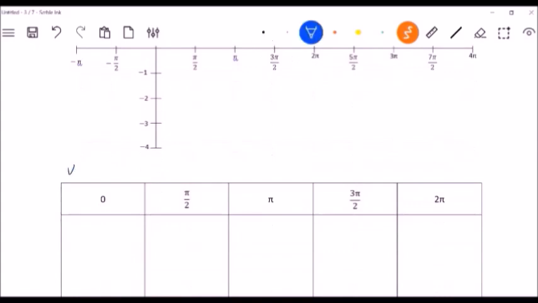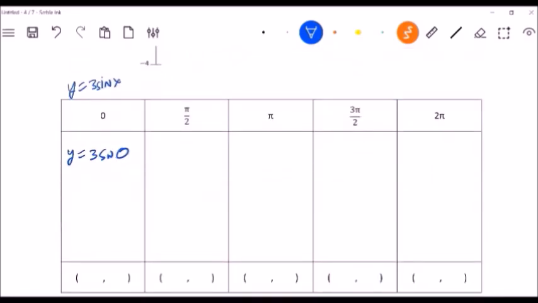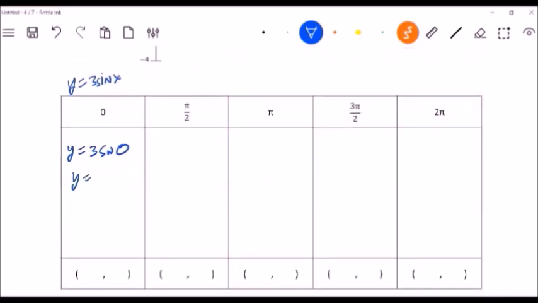And our main function is y equals 3 sine x. So y equals 3 sine of 0. And the sine of 0 is 0. So that means that y is equal to 0. So when our x is 0, our y is 0.